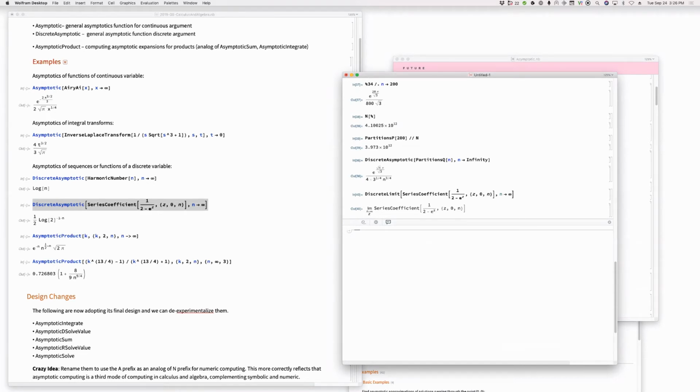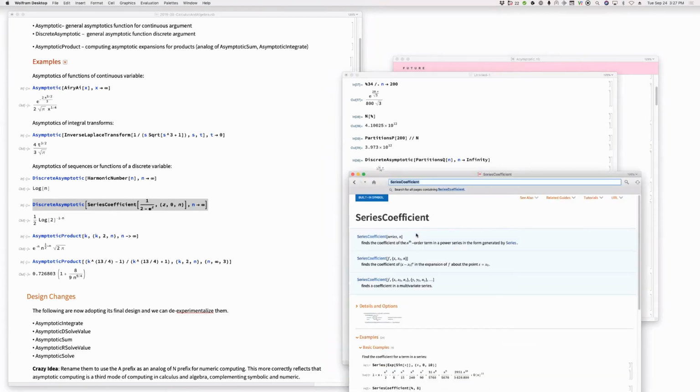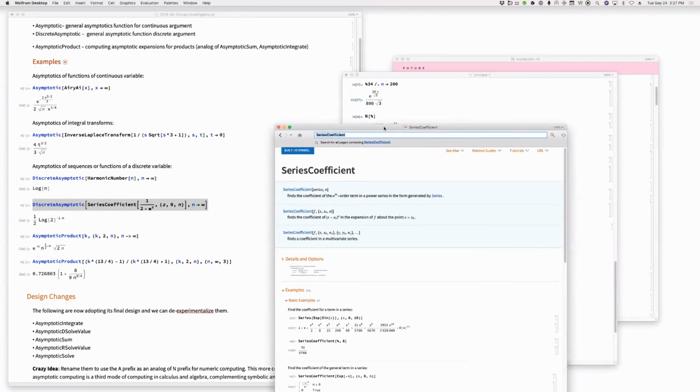All right, so now series coefficient also works when applied to a series output, right? Yes, if it's within the radius of convergence. Because when you get series data output, it's finite, like a finite list, right? So it needs to.